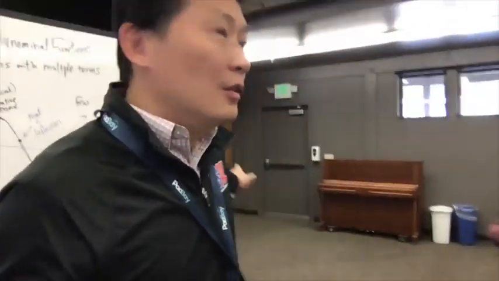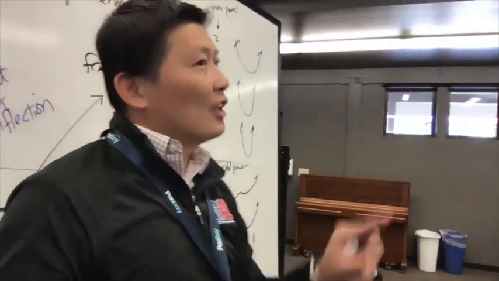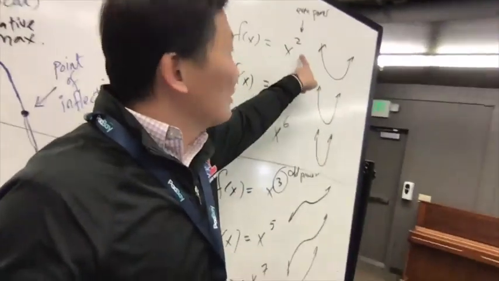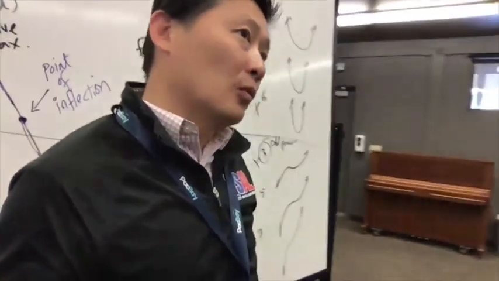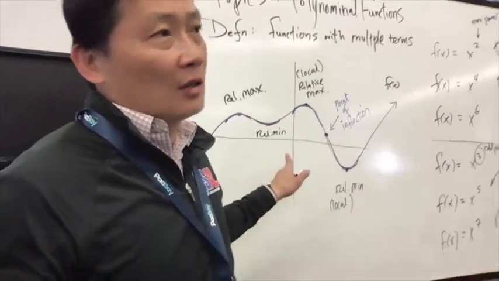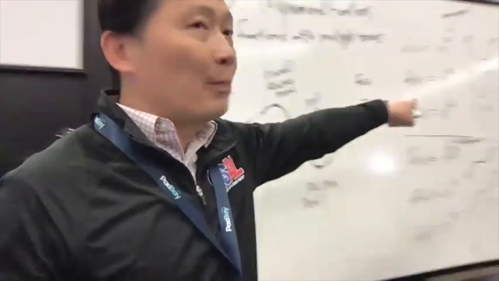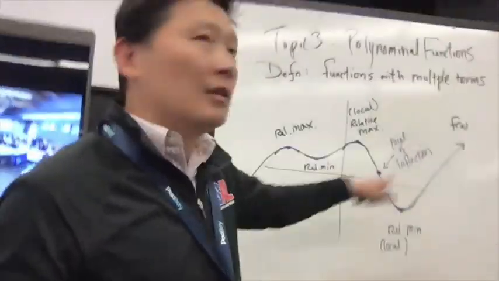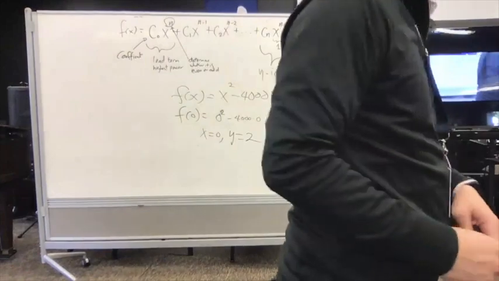Obviously, these graphs are going to change just slightly if you begin to add extra terms. Something like this is going to have multiple terms in order to bend that graph in these ways. And we will get to that. We don't have to worry about it for now, but we will get to that.